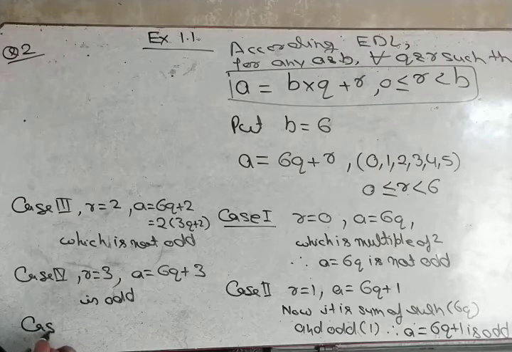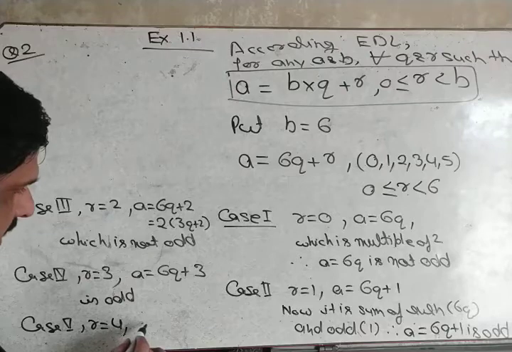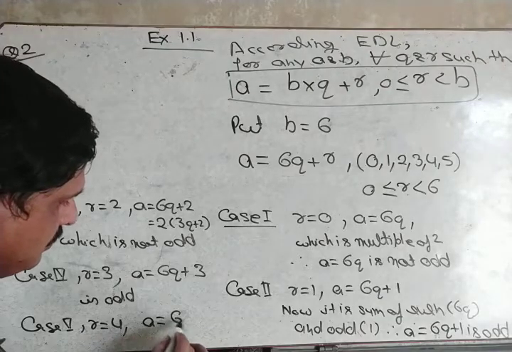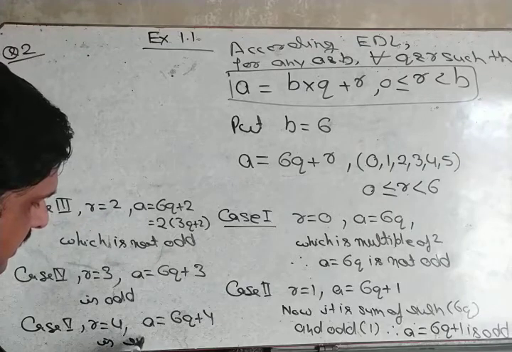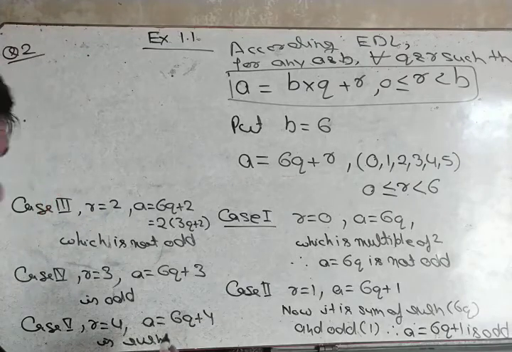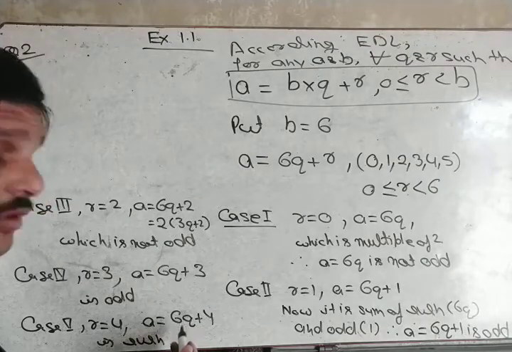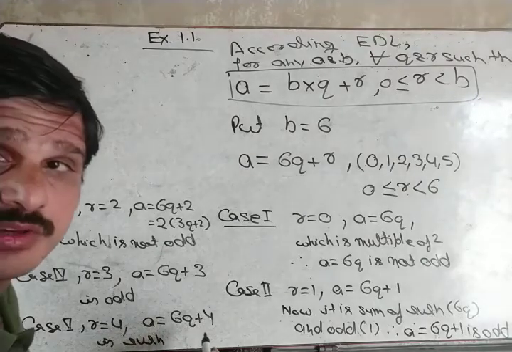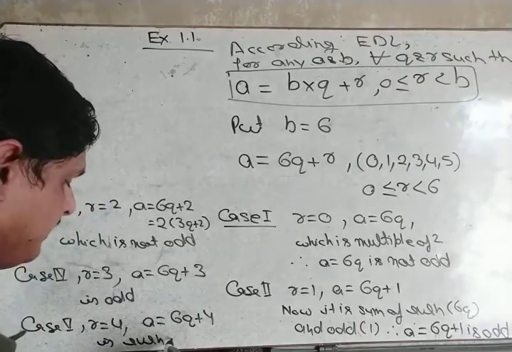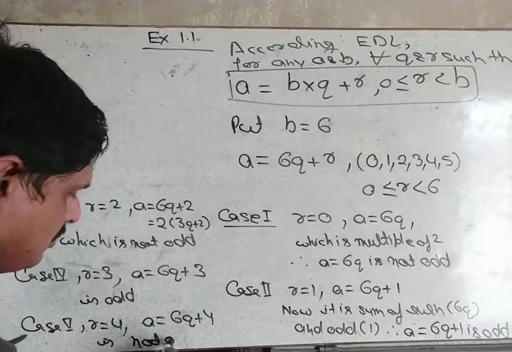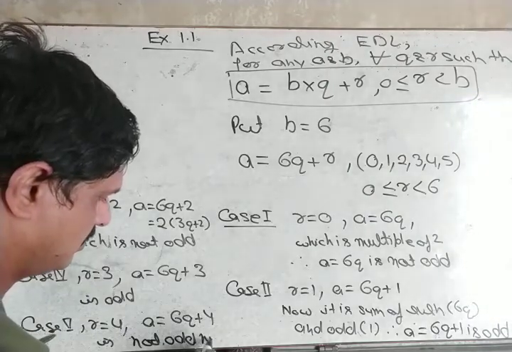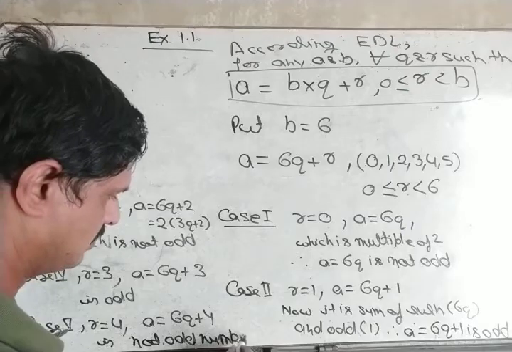Case 5, r equal to 4 and a is equal to 6q plus 4 is an even number. Again, you can take 2 common, or you can say it is a sum of 2 even numbers, which must be even, so it is not an odd number.